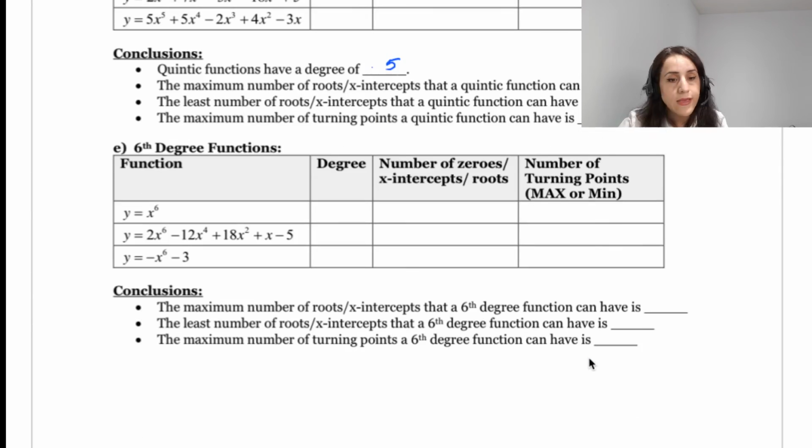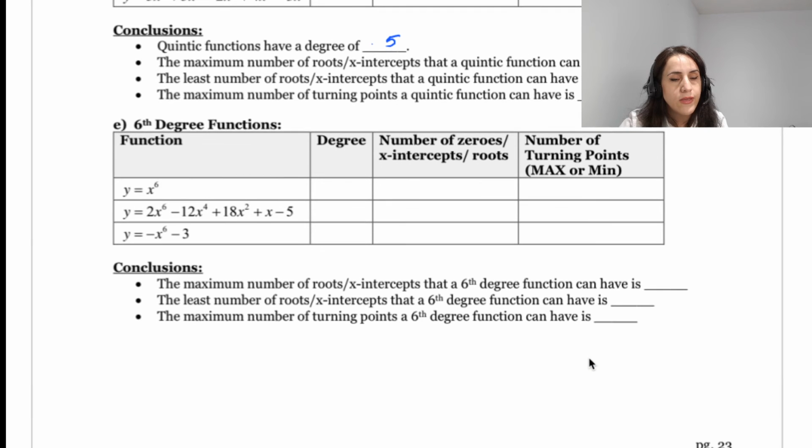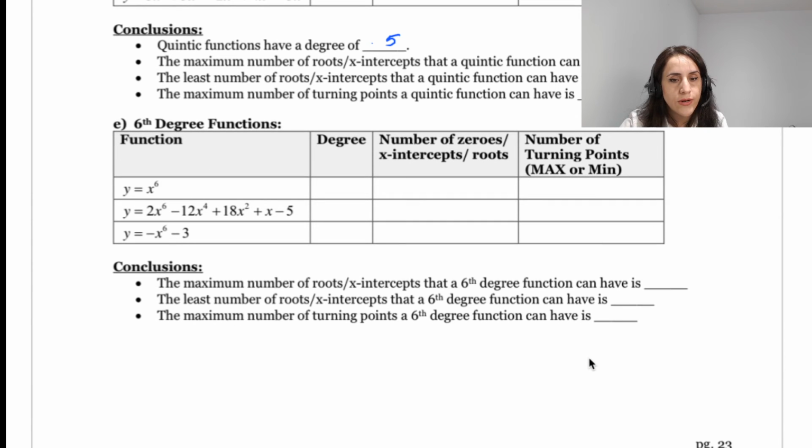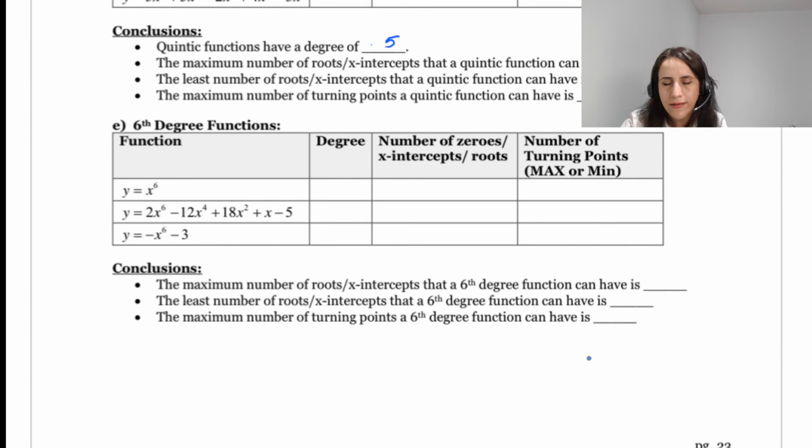Now let's see if we can answer degree 6. You saw it before. If you go for degree 6, again use Desmos to check whether our calculations or answers are correct.